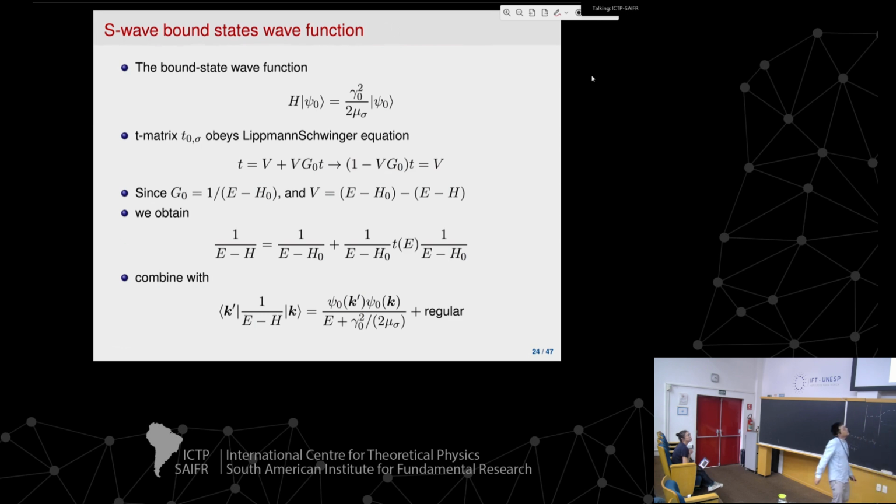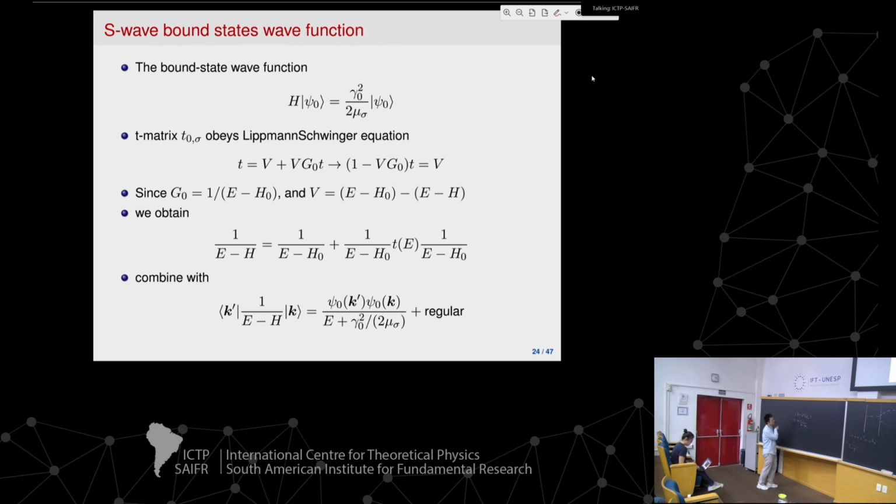So then you can reconstruct these equations. For example, this 1 minus G0 term, we know that G0, the Green's function, can be written as 1 over E minus H0. So you can put this 1 as E minus H0 times the Green's function, right?